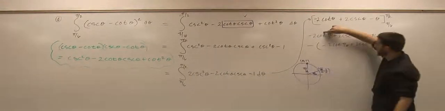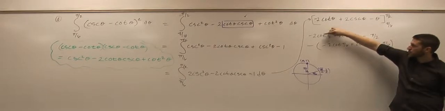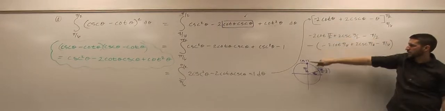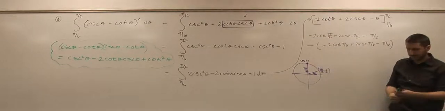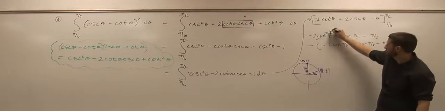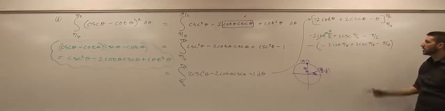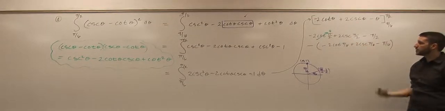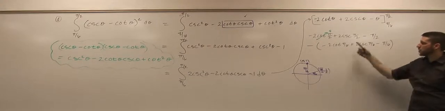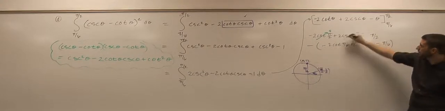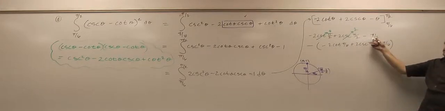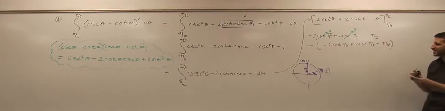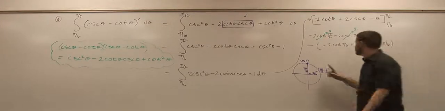So cotangent is cosine over sine, or x over y. So x over y at pi over 2 will be what? 0. This guy's 0. Cosecant is the reciprocal of sine. So sine is 1, the reciprocal is still 1. So this will give you 2. Pi over 2, whatever, it's pi over 2, I can't do much.